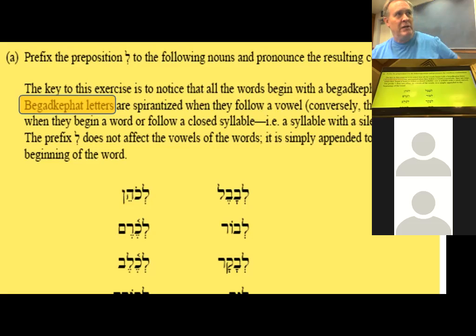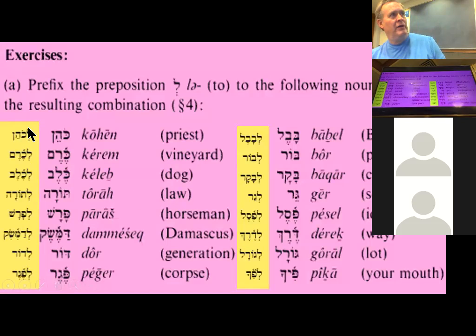So a lot of those don't change, but let's take a look at those again. In this case, when you add the la in front, Kohen becomes Lachohen. So that changes a little bit. Instead of Kerem, vineyard, Lacherem. Kelev would be Lachelev.